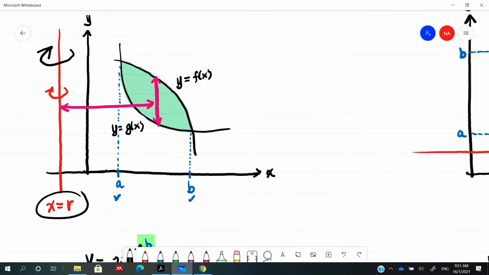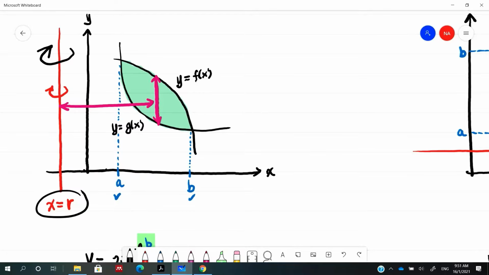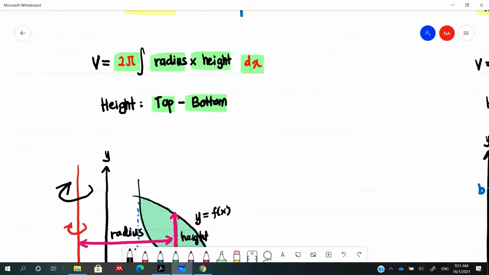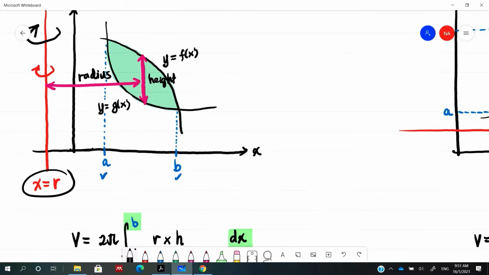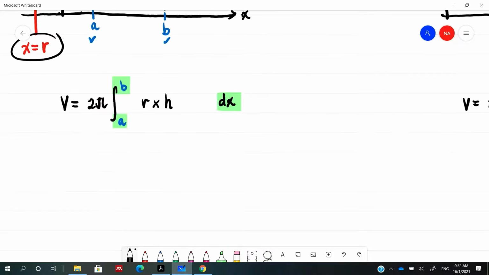The radius in this case is this one, and this is actually the height. The height is the top function minus the bottom function. The top function is y equal to f(x) minus the bottom function y equal to g(x), so the height is given by f(x) minus g(x).